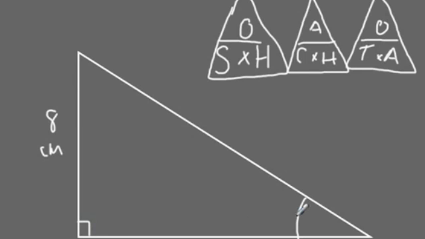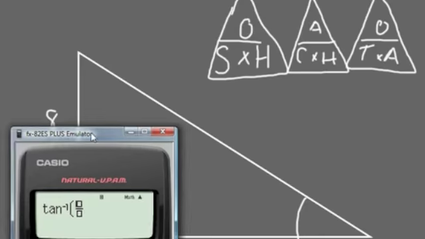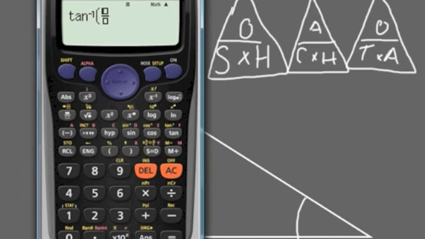Okay, so how we can do this is the following, and you can just get this in one fell swoop. Check you're in degrees. All we need to do is shift tan to the -1, or arc tan, of the opposite over the adjacent. So the opposite was 8, which is just there, and the adjacent is 10.